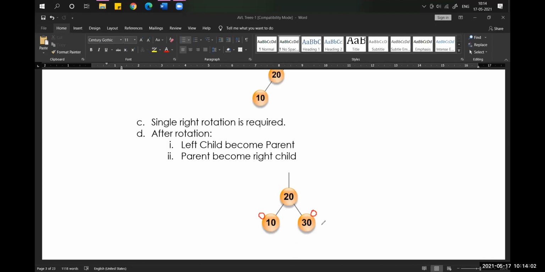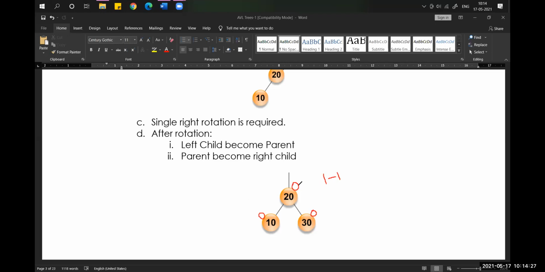How many right children are there? One. So one minus, how many left children are there? Again, one only. So one minus one is 0. What is the balance factor we got? 0. So all the nodes have a balance factor equal to 0.